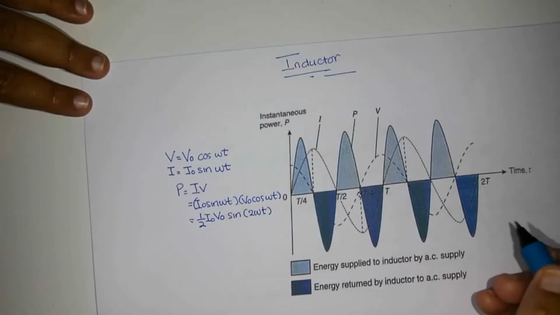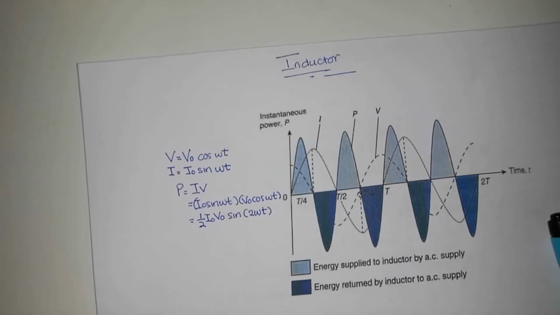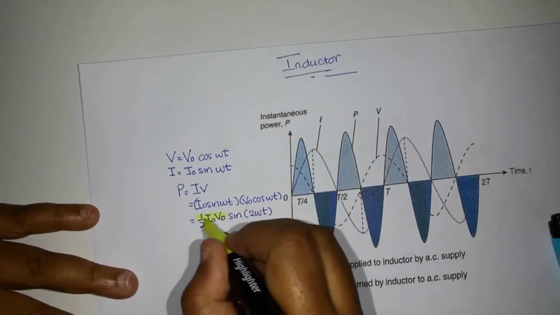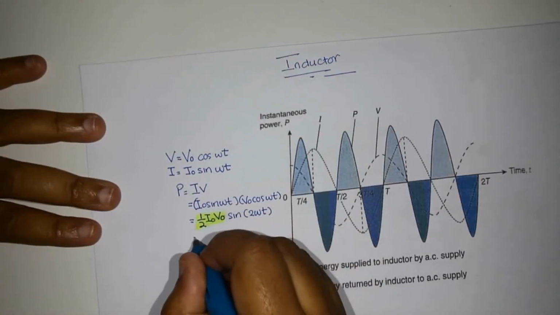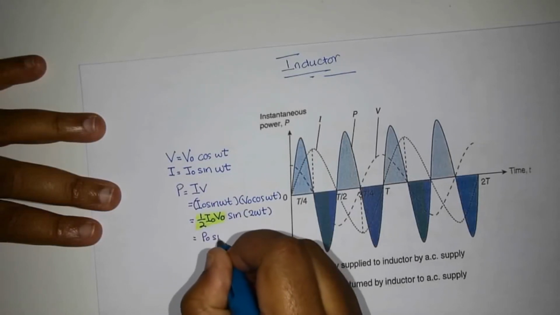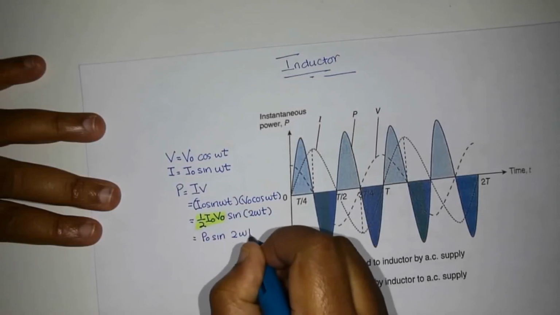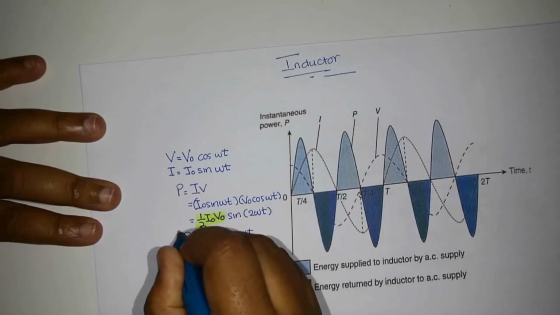Here half I naught V naught is called the peak power, so P equals P naught sine 2 omega t.